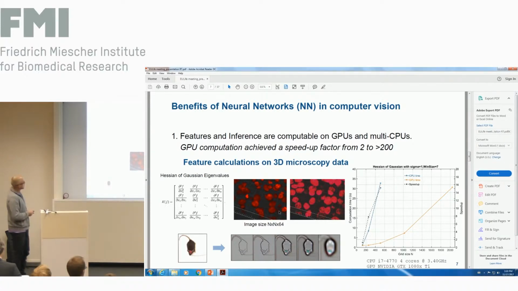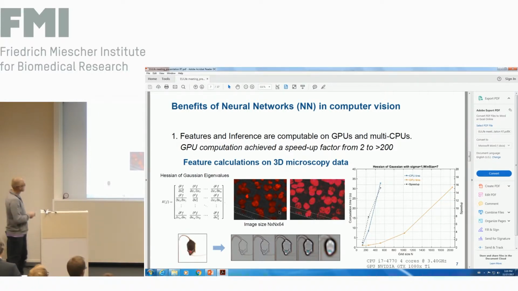Now imagine that for every pixel of your image in 3D, you have to calculate this 3x3 matrix, which corresponds to the second derivatives, and then calculate the eigenvalues. So it's quite an intense computation.